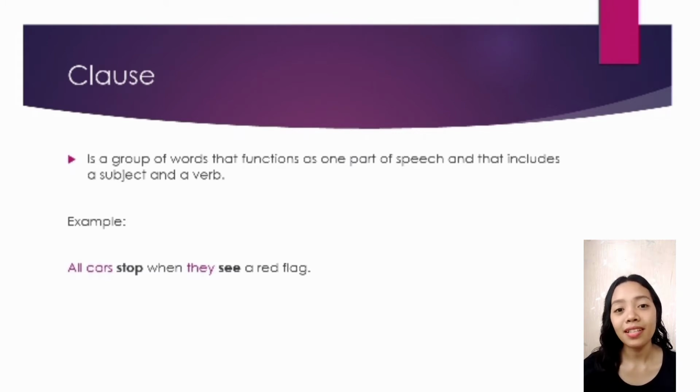An independent clause is a group of words that contains a subject and a verb and expresses a complete thought. Meaning, an independent clause can stand by itself as a simple sentence. Let's identify the independent clause in the sentence: all cars stop when they see a red flag. All cars stop is an independent clause, meaning all cars stop can stand alone.